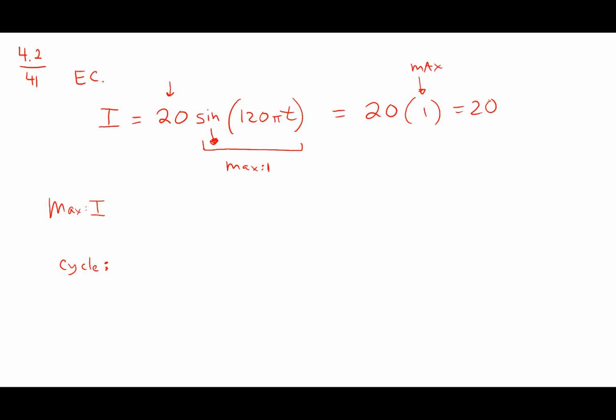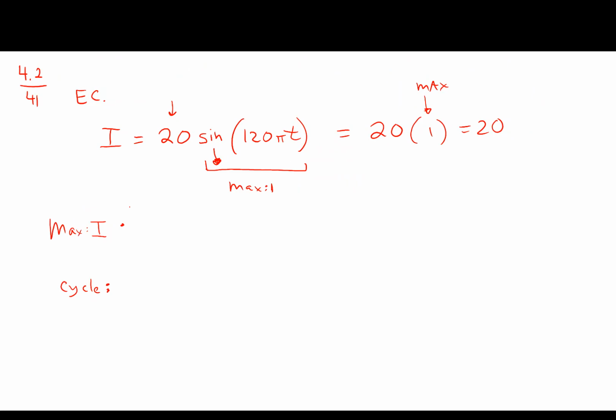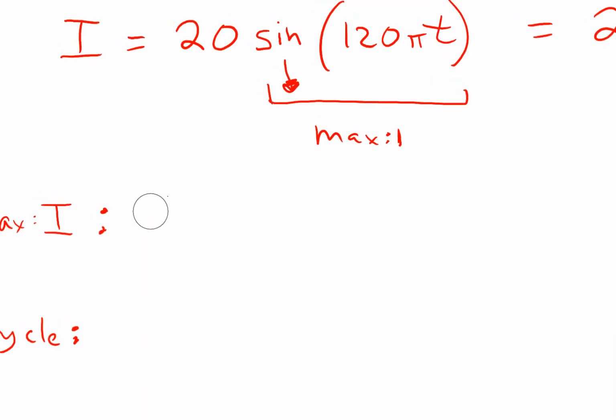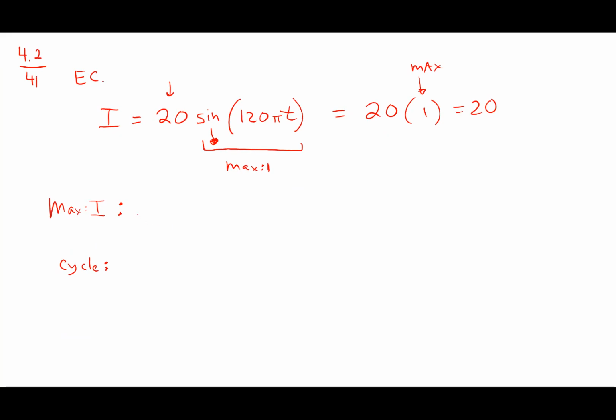So in this case, depending on what kind of electric circuit you have, depending if it's trying to feed a computer or a toaster or a TV, the highest this guy can go would be 20 amps.